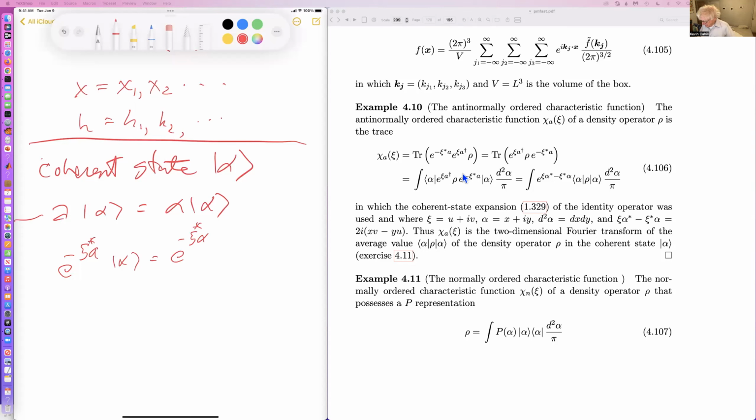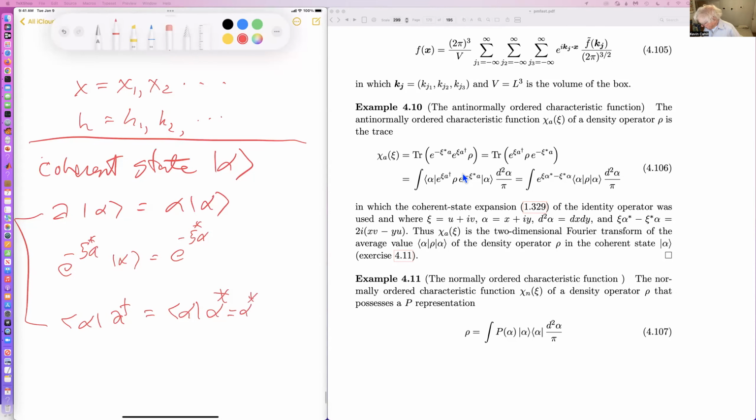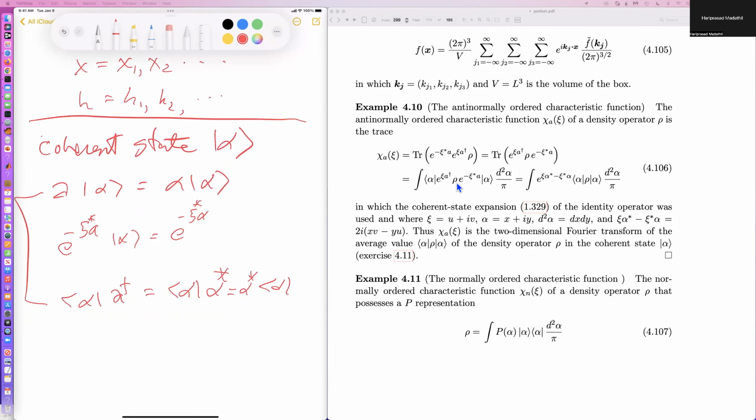And if you take the adjoint of this relation, you get alpha a adjoint is equal to alpha star. Of course, alpha star is just a number, so you can write this also as alpha star bra alpha. And that means then that here bra alpha e to the c a dagger is bra alpha e to the c alpha star. And that's how this comes about.